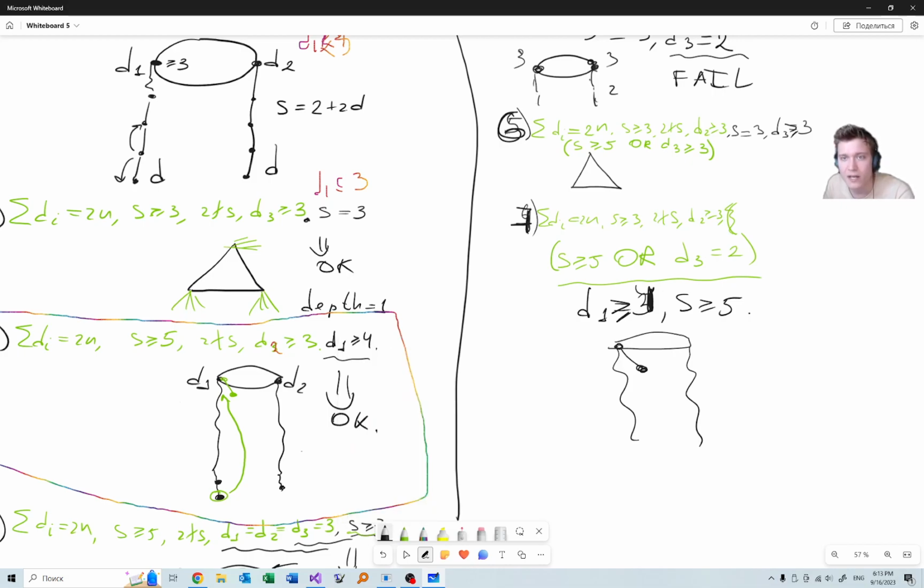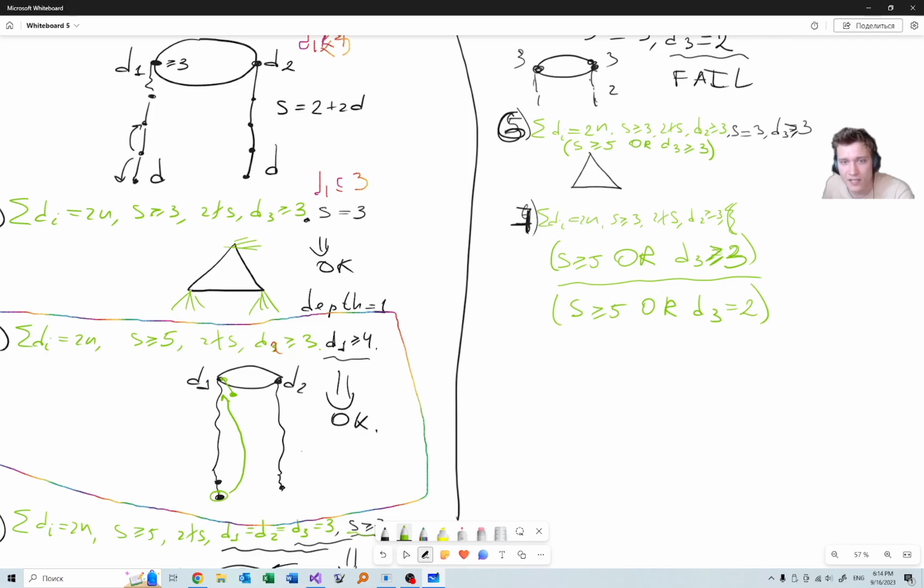We know that either... so first of all we know this, and also we know that S is at least 5, or D3 is equal to 2.